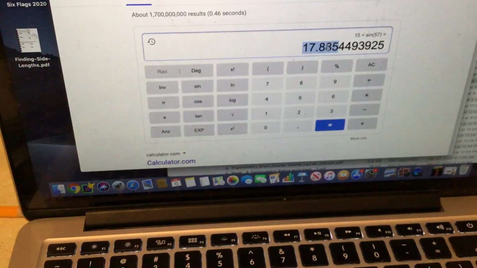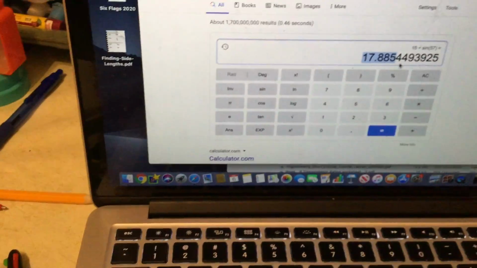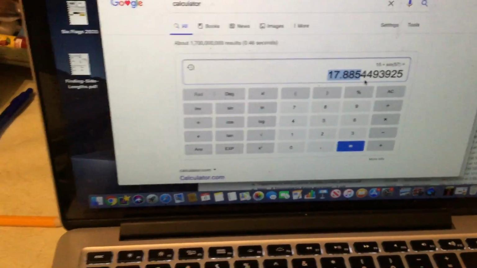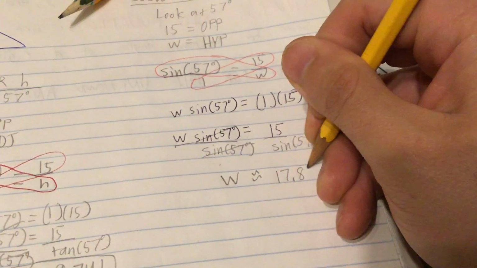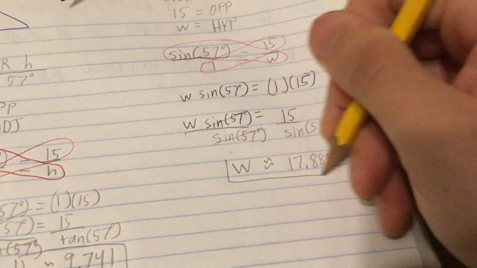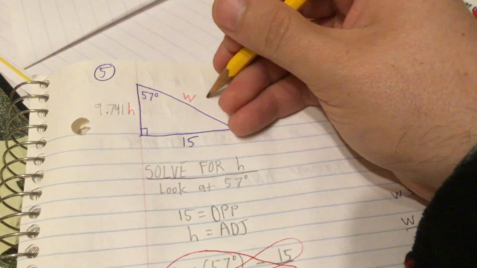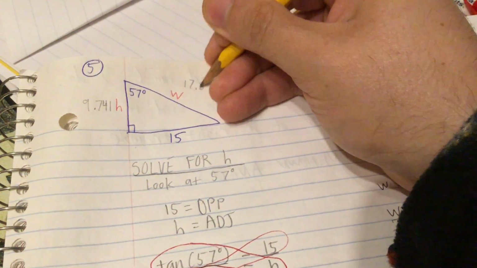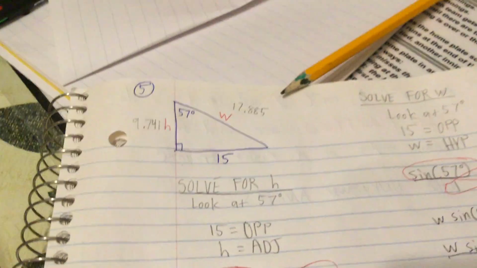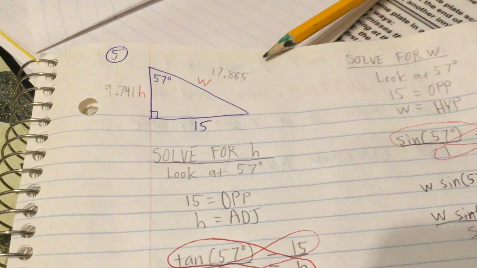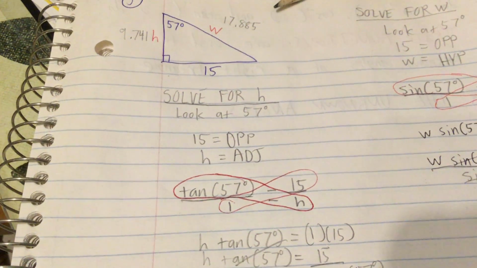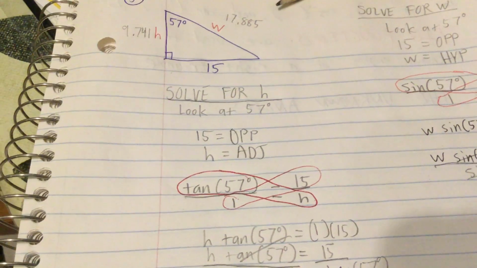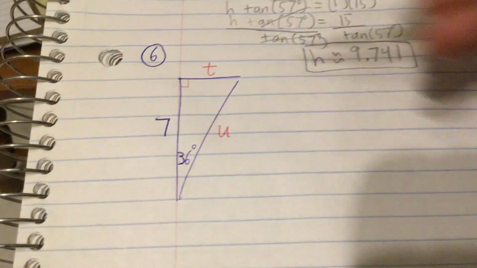Well, I'm going to round down to 17.885 because that 4 isn't big enough for me to round up. So W is 17.885. I can check my work with Pythagorean theorem or a trig ratio, but I'm looking at the clock and I want to get through problem number 6. You can check with a variety of trig ratios, see if your decimals match up, or do Pythagorean theorem. Okay, number 6.